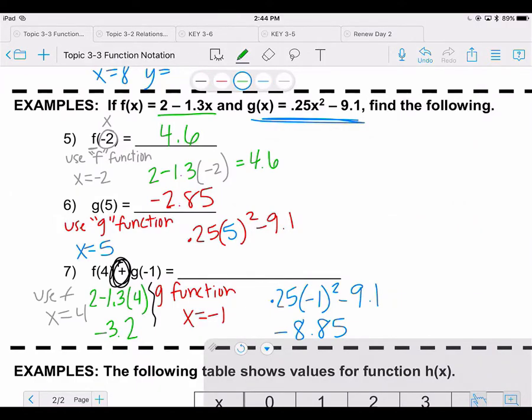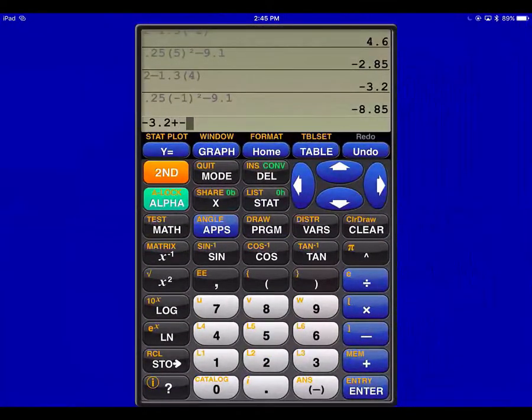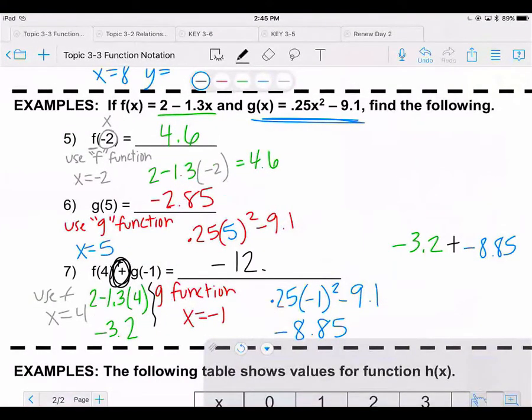So I'm going to take negative 3.2 and add it to negative 8.85. When I do that, I get negative 12.05. So for this one, we are using both functions, plugging in both separate x values, and then adding them together.